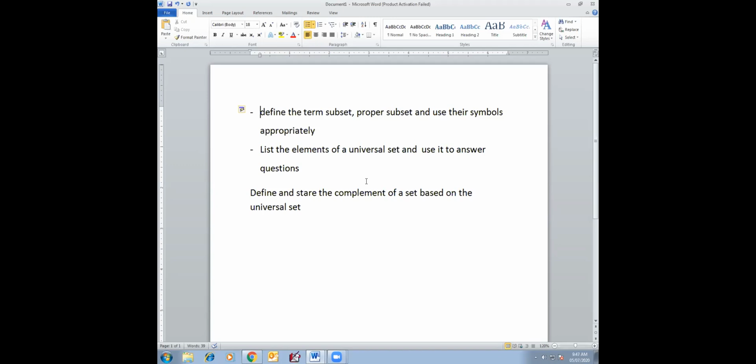Now, there is a difference between subset and proper subset. Let's take, for example, the case of year 9 students. Let's say year 9 students is a set. We are like 14 or 13 of us in year 9. Now, let's talk about the set of year 9 students that play basketball. All the students in the year 9 class are not the students that play basketball, so there are a few exceptions.